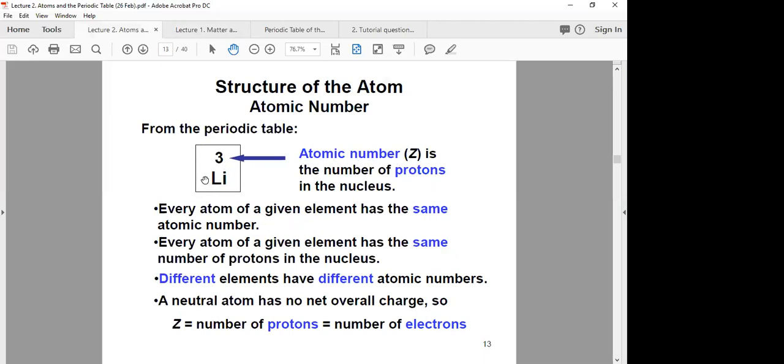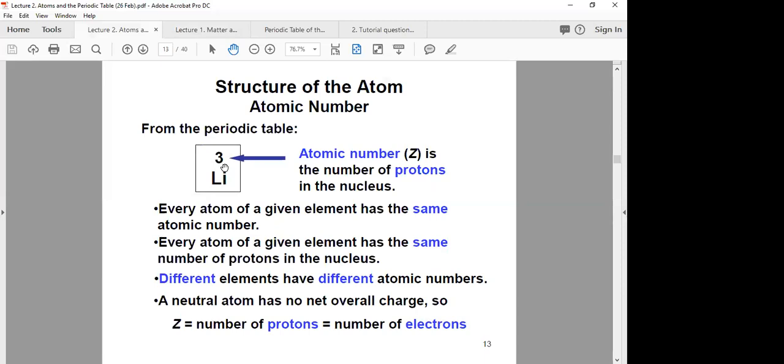So every atom of lithium on Earth, from what they've tested anyway, has the atomic number of 3. So they all have 3 protons in their nucleus. And think about this: the number of protons determines the identity of the element.